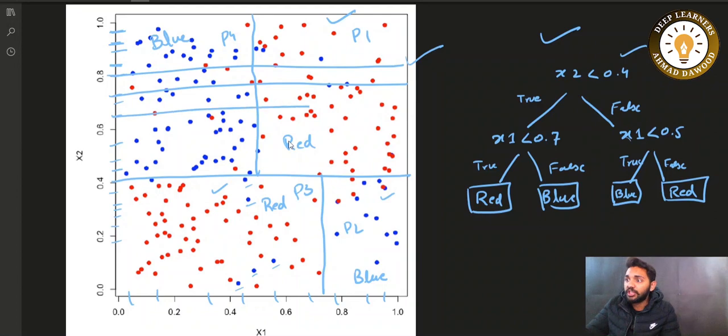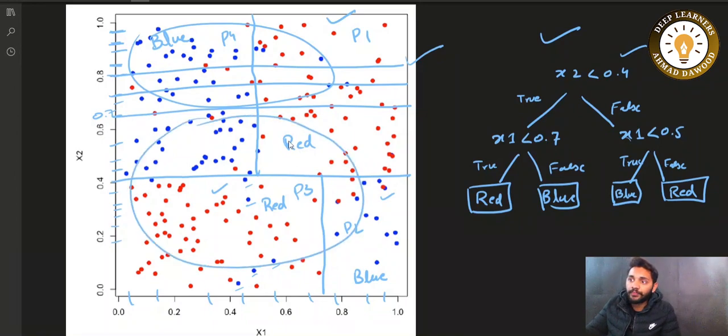What will be the homogeneity if I separate at the point where x2 is 0.7? We calculate this at each point, and whichever gives us more pure partitions, we follow that partition.